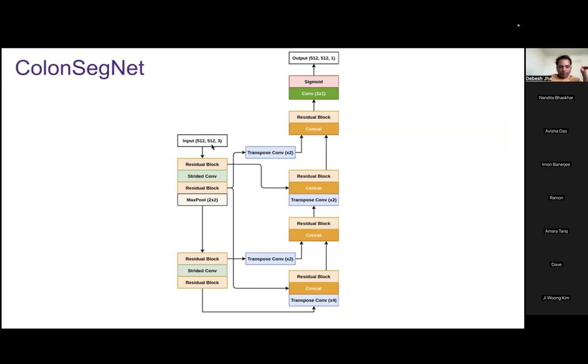We take 512 by 512, and then we pass it through a residual block, and then it is passed through strided convolution, where you get 256 by 256, so divided by 2. Again we pass it through a residual block, and then we perform max pooling, where again you downsample the features by a factor of 2. So you reduce it by a factor of 4, basically, and then again pass it through convolution.